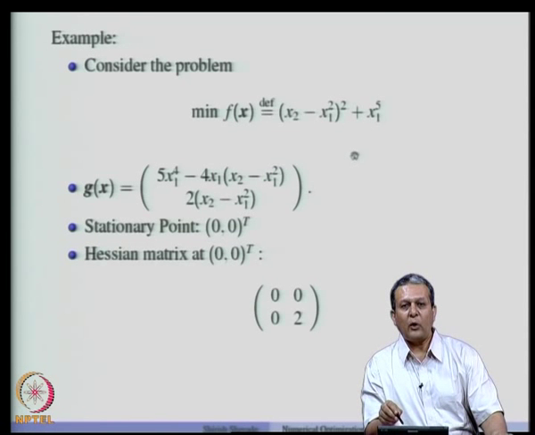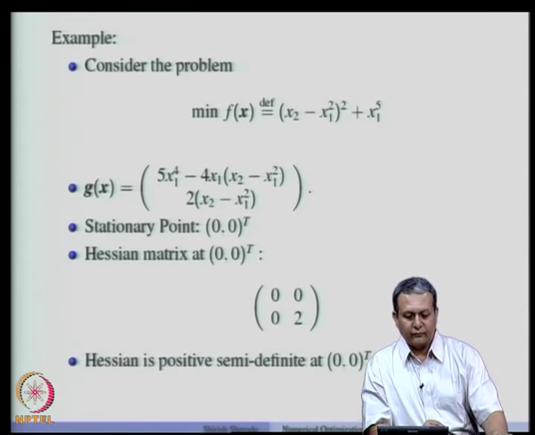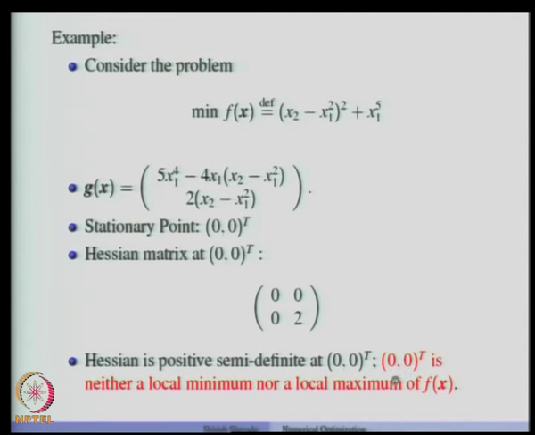So, (0, 0) is a point where along one direction, keeping x2 constant, the function value increases, and along the other direction, if x1 decreases, then the function value decreases. So, (0, 0) turns out to be a saddle point. This example illustrates that the Hessian matrix is positive semi-definite, but this stationary point is a saddle point, and it is neither a local maximum nor a local minimum of f of x.